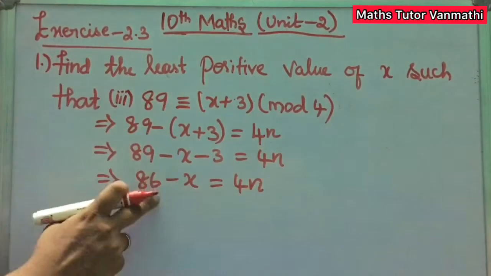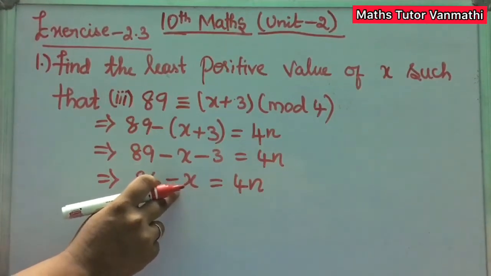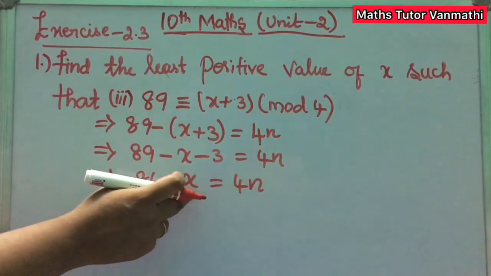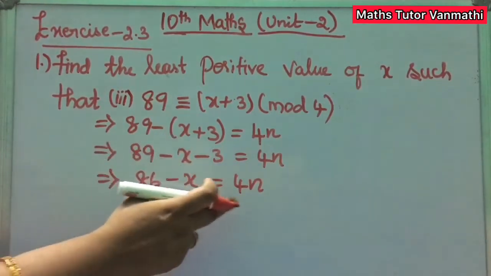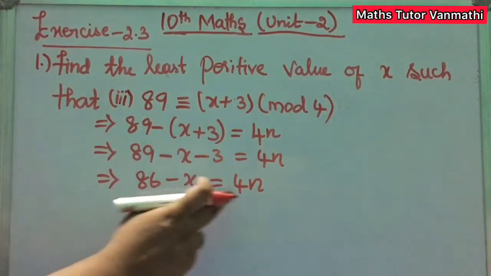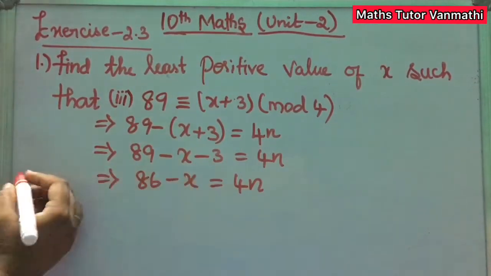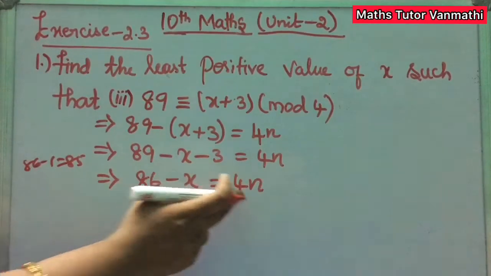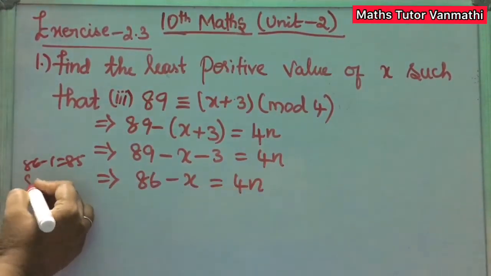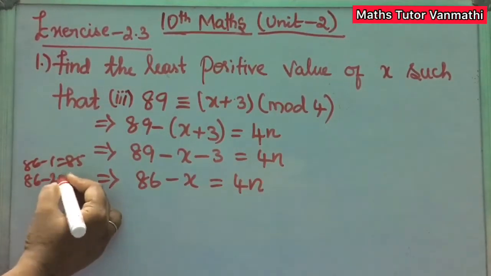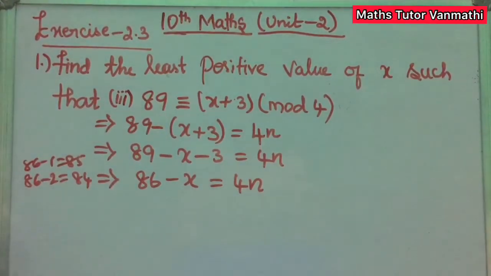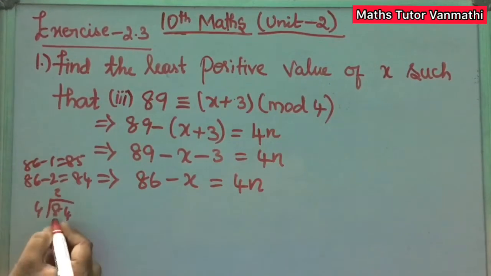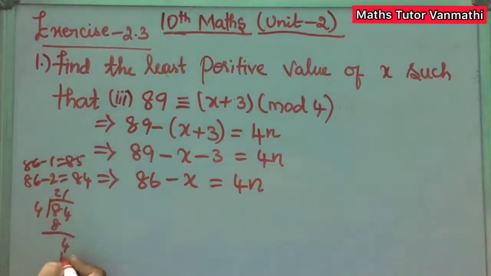In the last problem, we had the plus symbol, so we added the numbers. Here we have the minus symbol, so when you subtract the numbers, then you will find the solution. So 86 is not a multiple of 4. Subtracting, first you take 1: 86 minus 1, you will get 85. 85 is not a multiple of 4. And again take 2: 86 minus 2, you will get 84. 84 can be divided by 4. 4 2s are 8, and again 4 1s are 4.